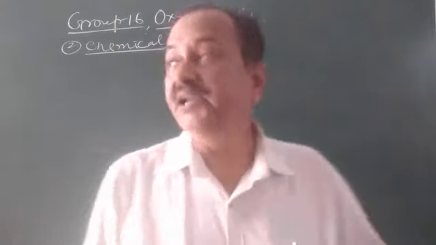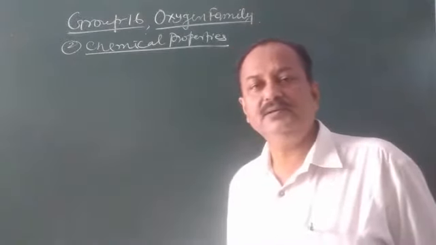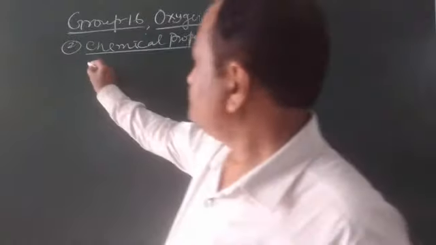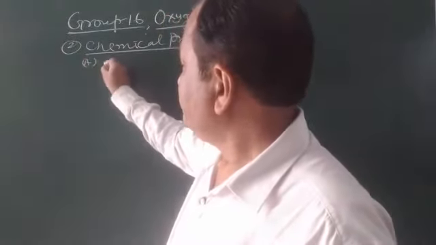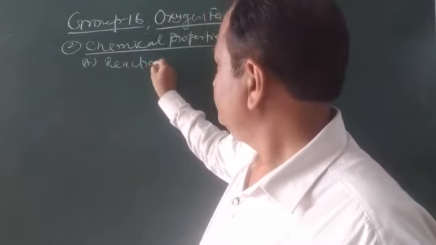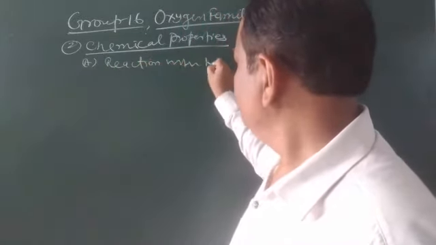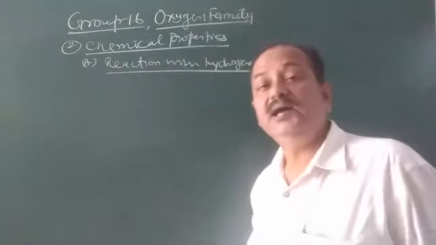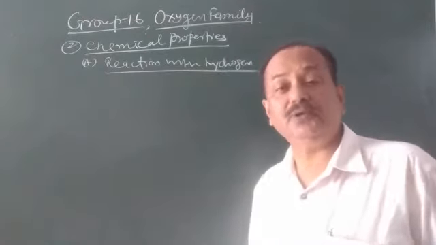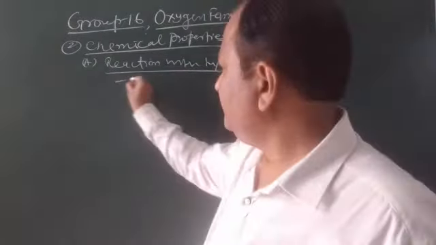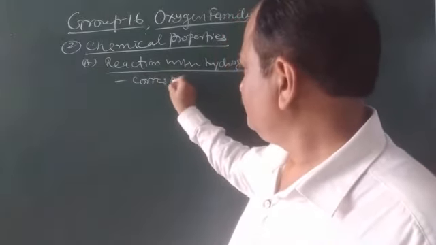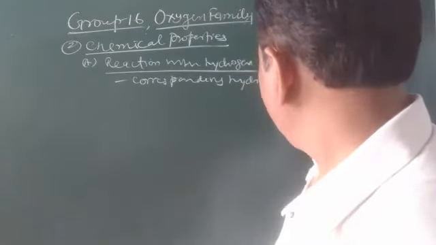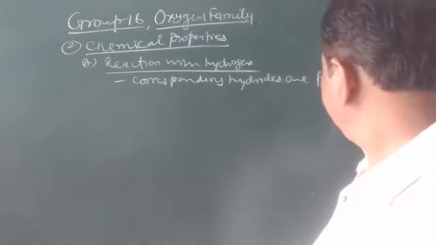Now coming to a very important part, the chemical properties of members of group 16. Here we will see first the reaction with hydrogen. As you know, when any element reacts with hydrogen, the corresponding hydrides are formed.